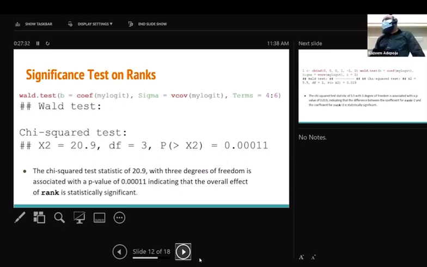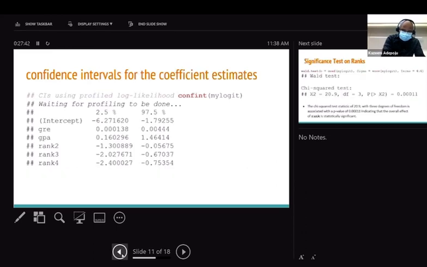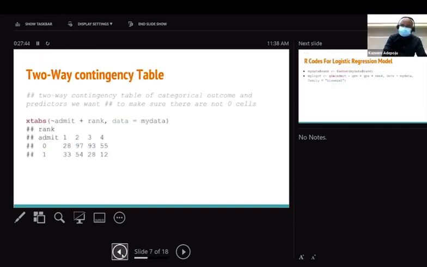The reason we need to know is that if you come back to this table, the fact that your school is rank 1 does not mean that they will admit every candidate from the school. You're going to see situations where they don't even take from those schools that are rank 1.